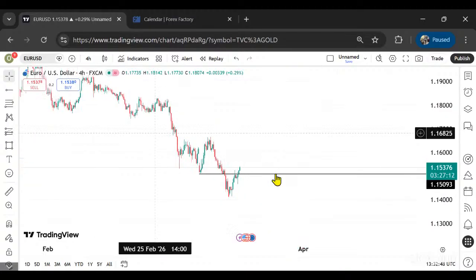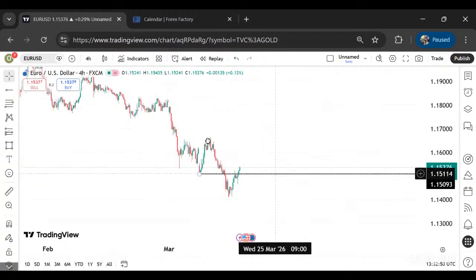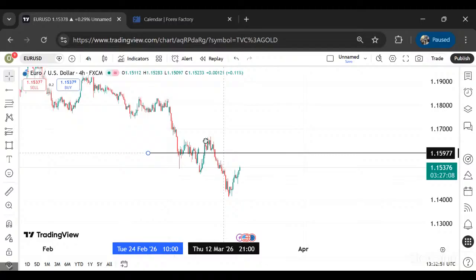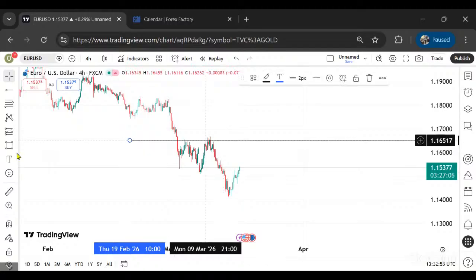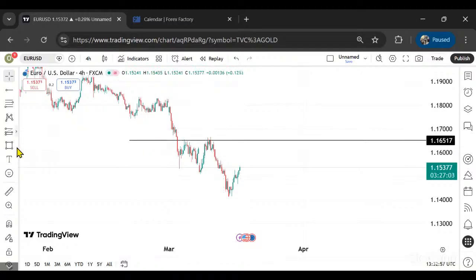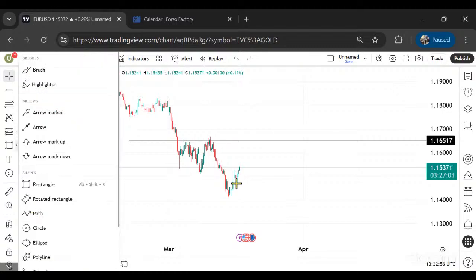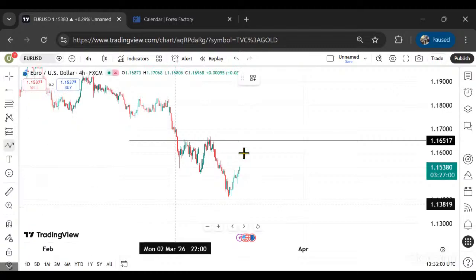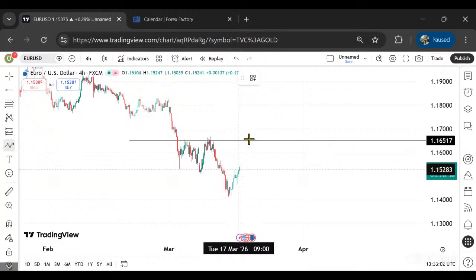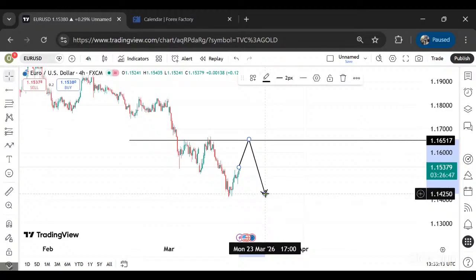So for Euro USD, this is what I'm expecting. I'm expecting the market to come up to this resistance zone here, and drop again.